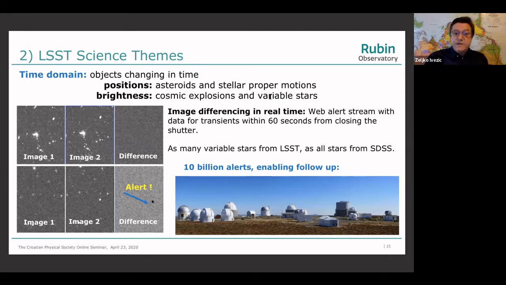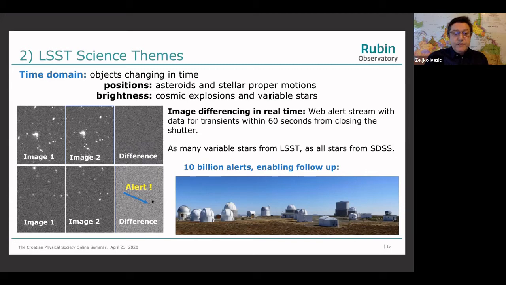These are asteroids, comets in the solar system, but also stellar proper motions, which reflect the motion of stars in our galaxy around its center. And then objects can also change because they change brightness. So they don't change position, but their brightness changes. The most significant populations are cosmic explosions that include supernovae, and variable stars, where stars can change brightness either because of intrinsic instabilities or because of geometric effects such as eclipses.